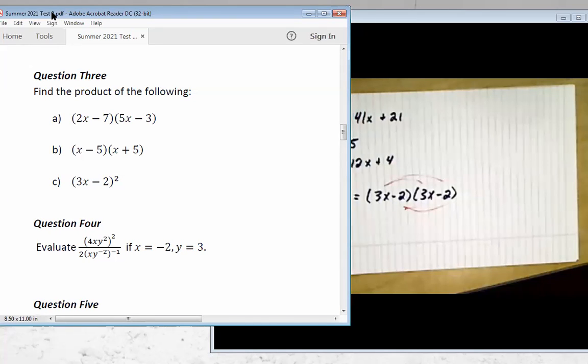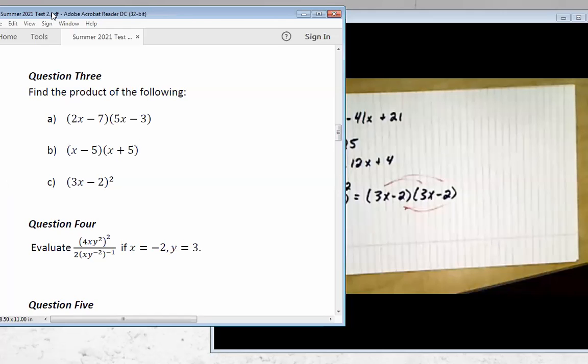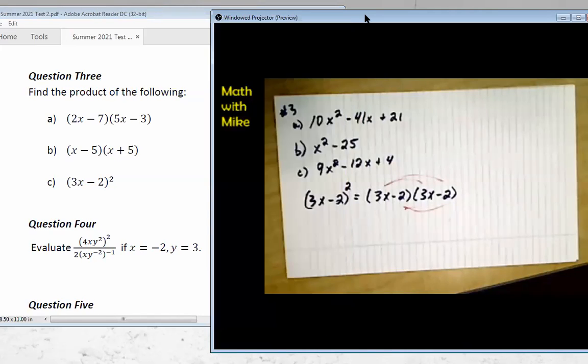There we go. Make it fit, make it look good. Okay, so those are the questions for 3, and those are the answers there.